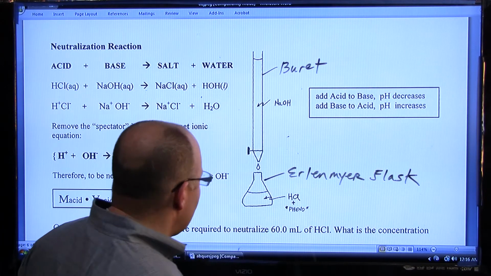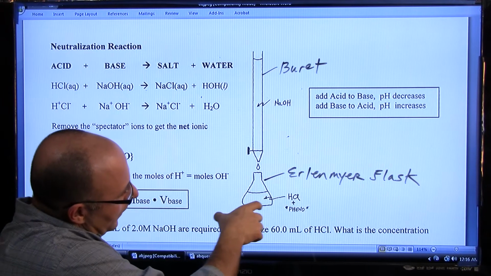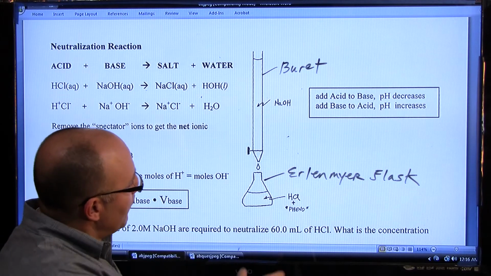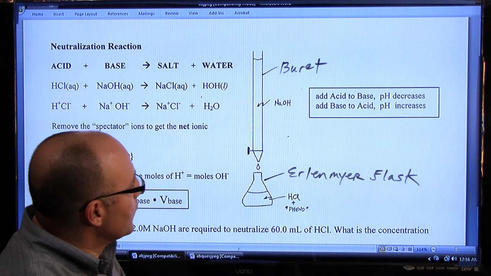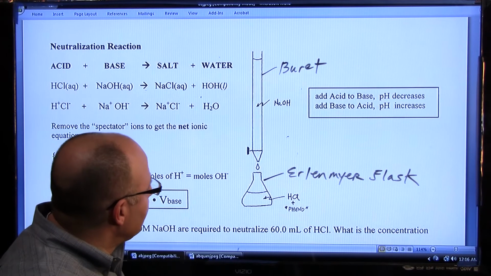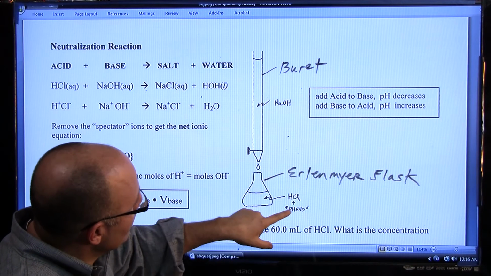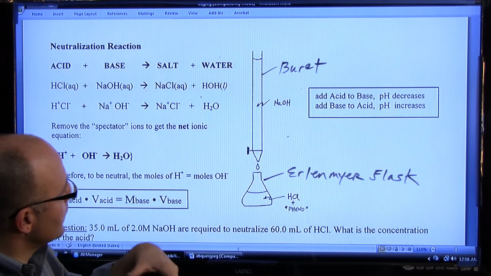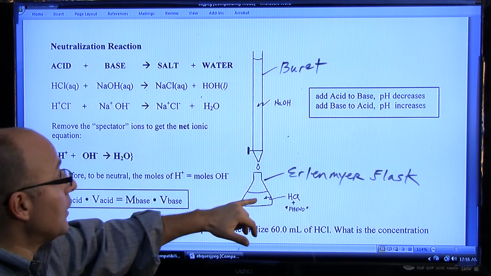It's a flask that will allow you to stir the sodium hydroxide as it's added drop by drop on a tabletop with the acid, and it won't spill out the acid when you do that because it has a very wide flat bottom. So what you would have here is the hydrochloric acid with the phenolphthalein, and in this titration what you'll be determining is typically the concentration of the HCl, which would be the unknown.